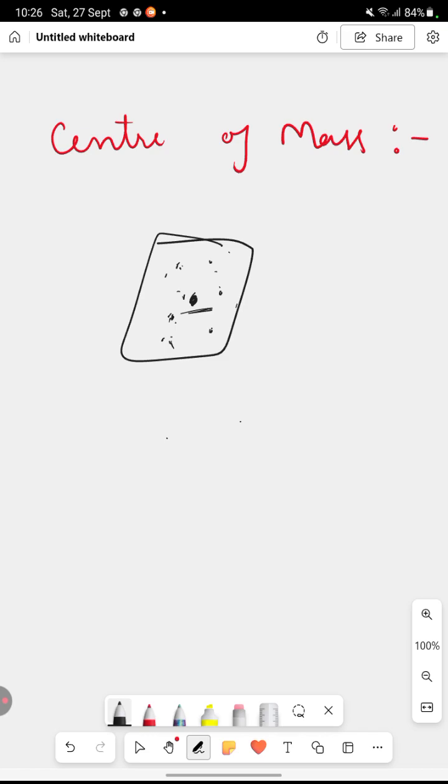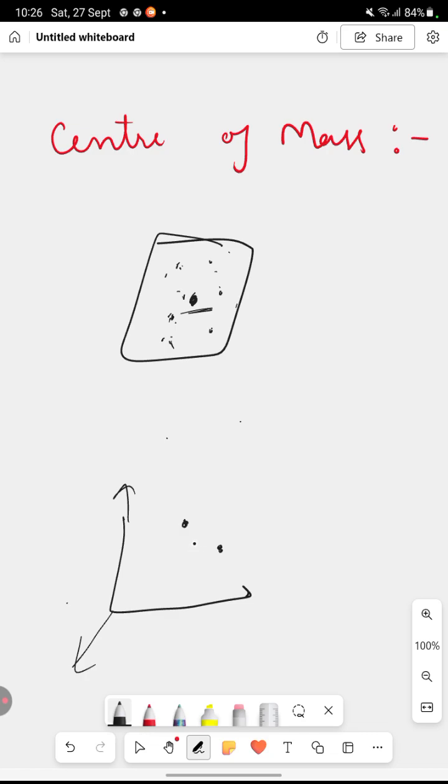We will start with a two particle system. We have a system of two particles in the Cartesian plane. We have considered these two particles in any body.